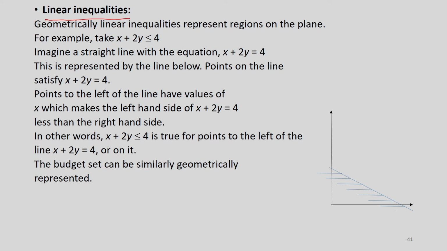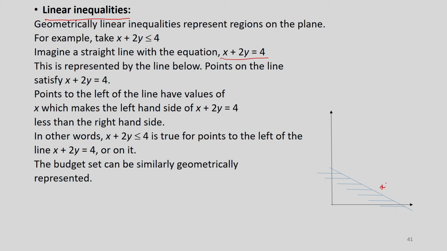So, imagine a straight line with the equation x plus 2y is equal to 4. I am just removing the less than sign, I am just imagining that instead of less than or equal to, I am taking the equal to sign. So, if I do that, I get x plus 2y is equal to 4. This is represented by this line.